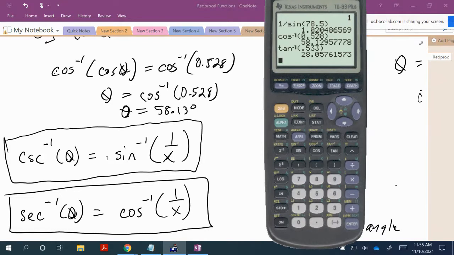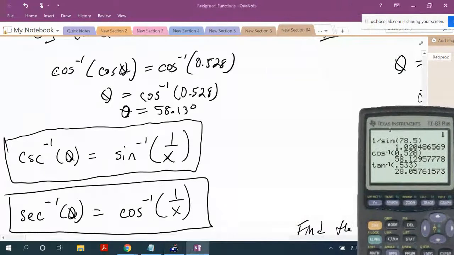If we're asked to evaluate an arc secant, we must enter in the arc secant as the arc cosine of 1 divided by x.